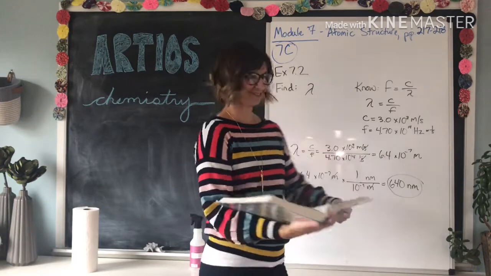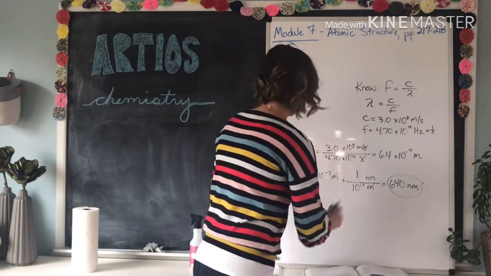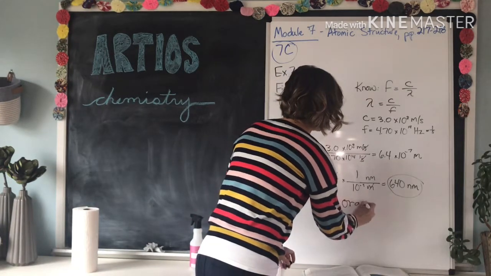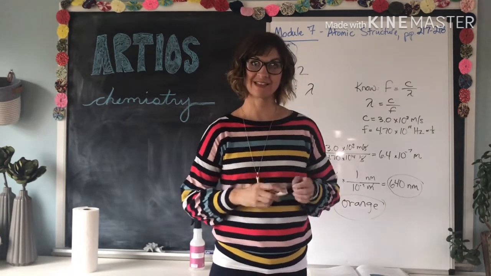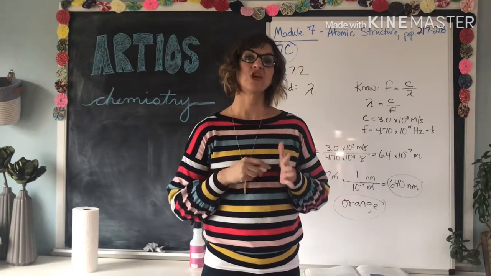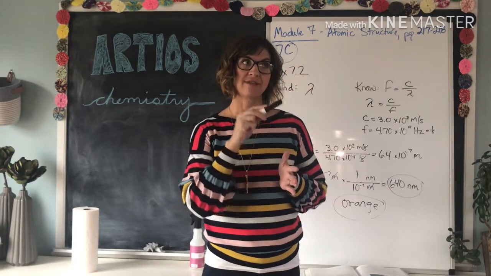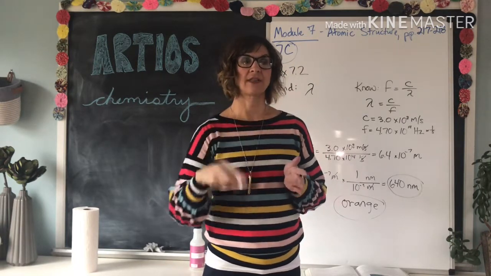Pretty cool. Orange is the second part of the answer. And that's how you manipulate the equation F equals C over lambda.